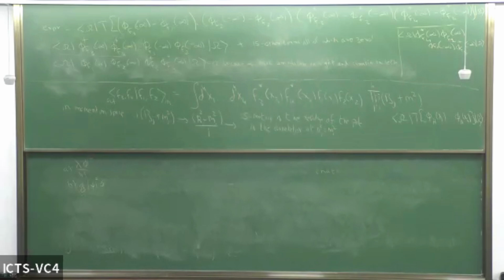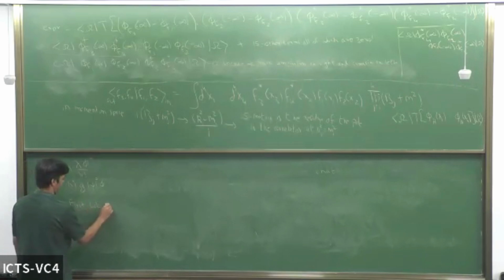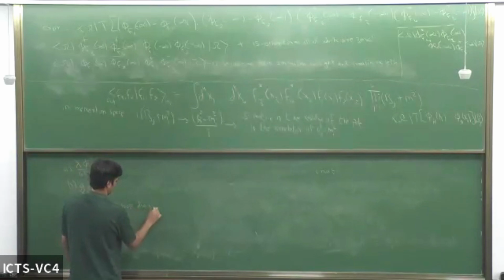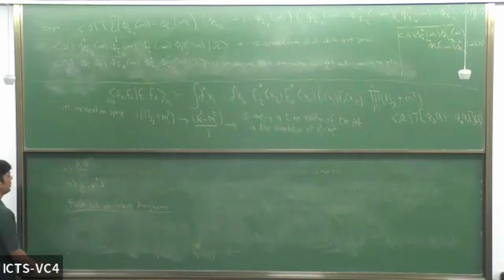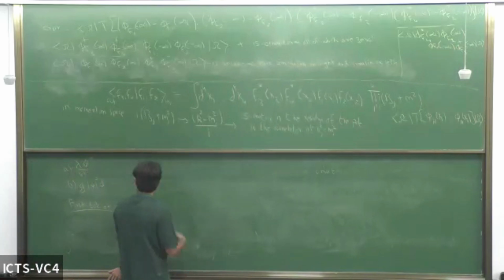So let's first look at the same 2 to 2 scattering process that we earlier considered, and ask what happens if you take the phi to the 4 theory and do the process but to next order in perturbation theory.